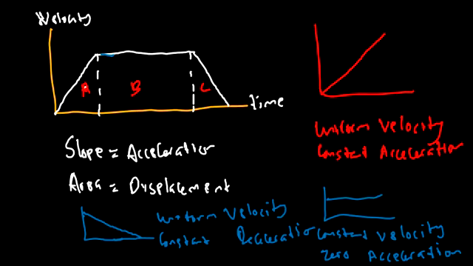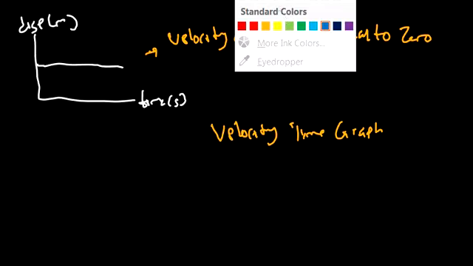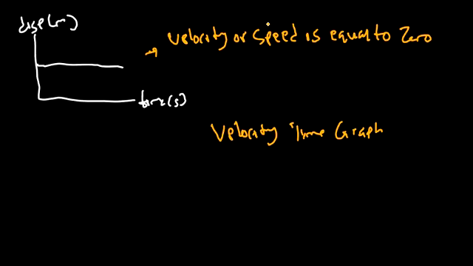I've explained here when we have a displacement time graph. What we have here is a displacement time graph. Because displacement is constant, velocity or speed will be equal to 0.